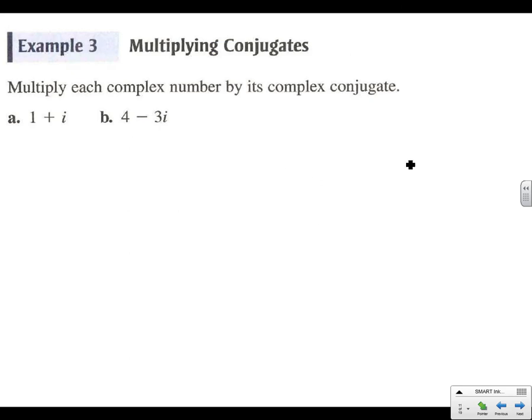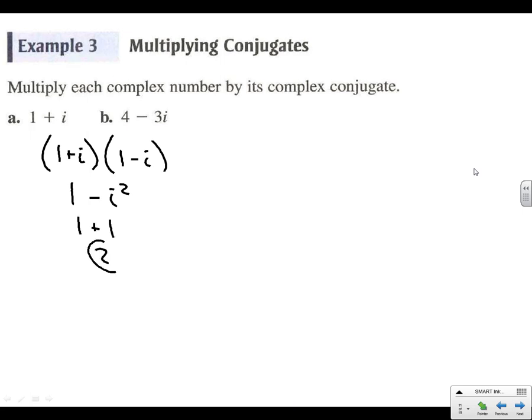So multiply each complex number by its complex conjugate is our job on example 3. 1 plus i. We're going to need to multiply by 1 minus i and see what we get. 1 minus i squared, which is 1 plus 1, so 2.